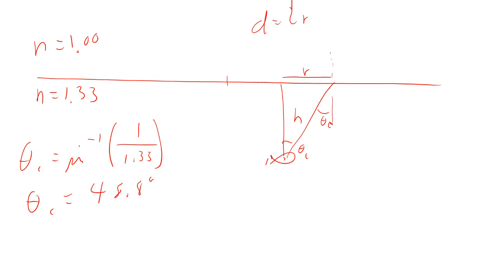48.8 degrees. Looking at our diagram, we see the tangent of the critical angle is r over h. So r is h times the tangent of the critical angle.